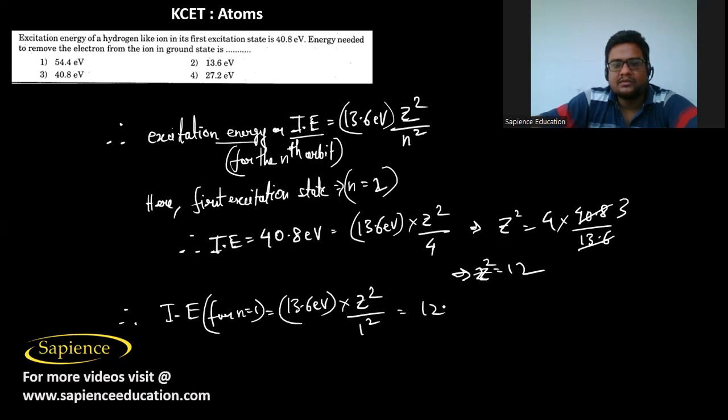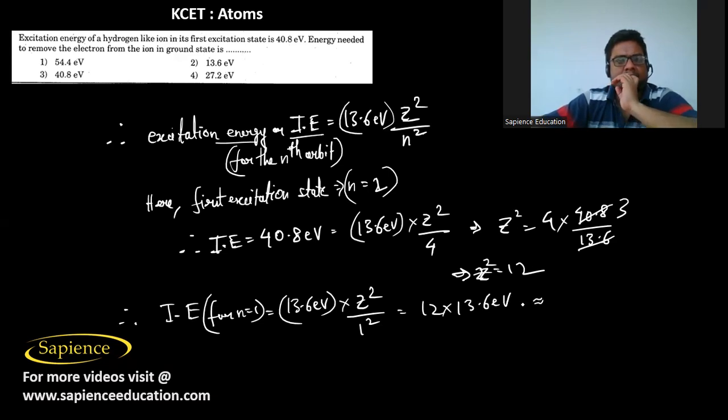So Z square is 12, 12 into 13.6 electron volt.